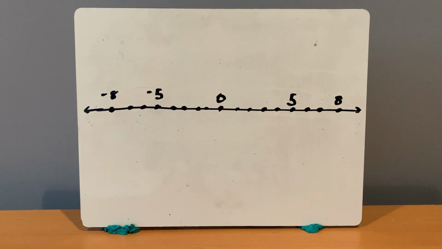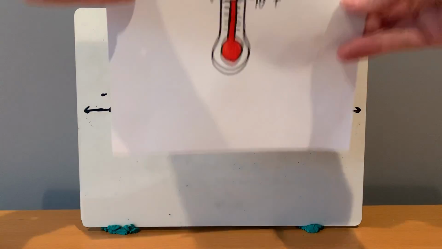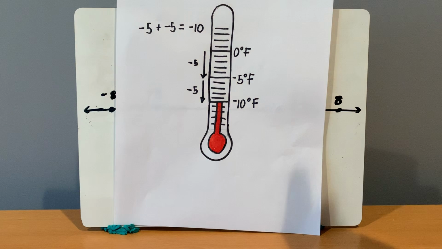Now, if we consider a rise in temperature of 5 degrees as a +5 and a fall in temperature of 5 degrees as a -5, we can use the scale on a thermometer to keep track of the addition. So imagine that the temperature is at 0 degrees.